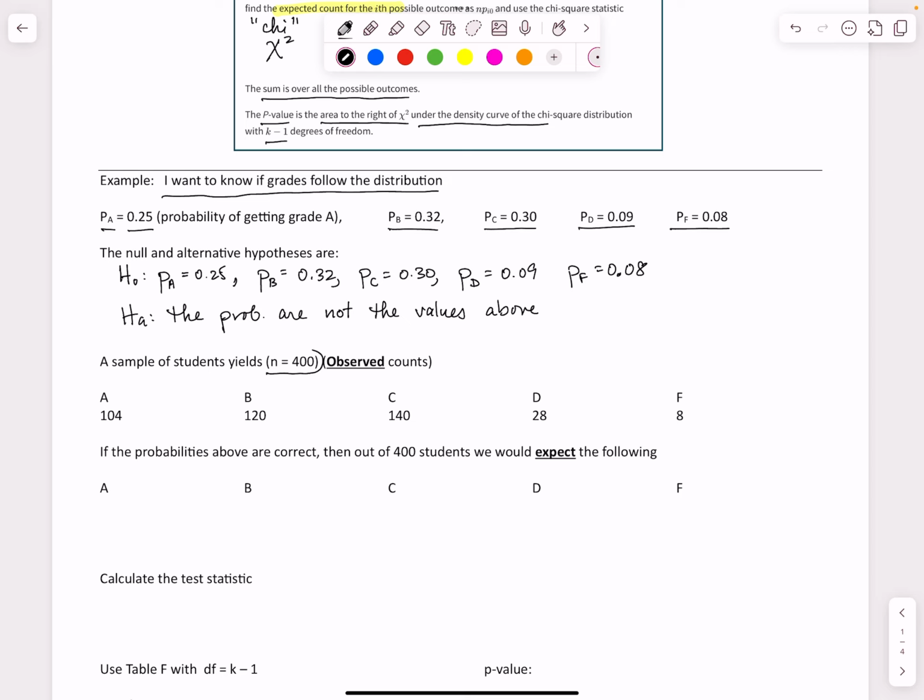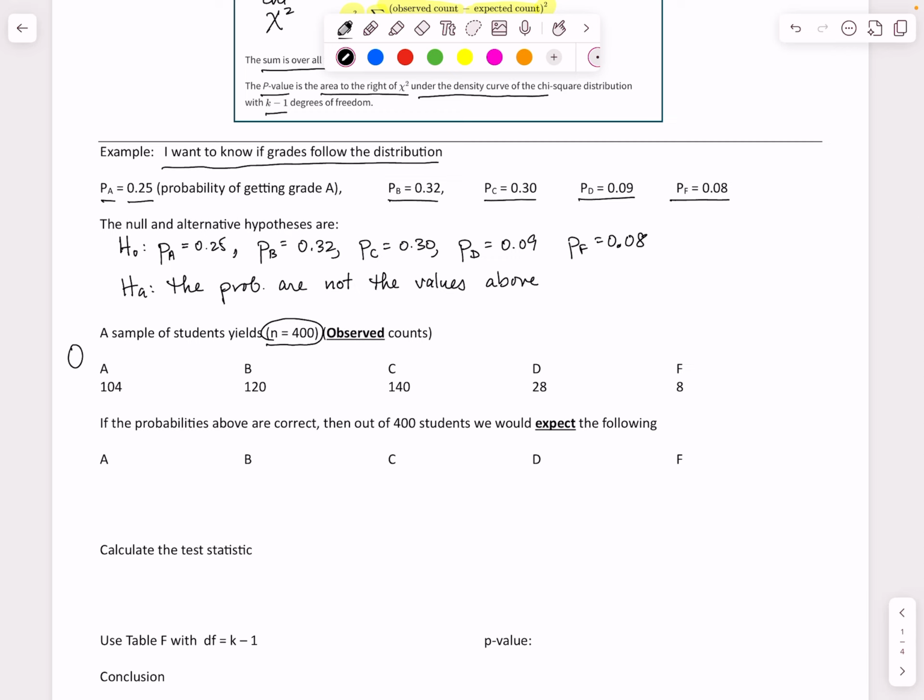I had n observed, and I'm going to use O as shorthand for observed. In the homework, you're going to have a column with O. This is what we actually saw out of 400. If you add up all these numbers, you're going to get 400. So we got 104 A's, 120 B's, 140 C's, etc.